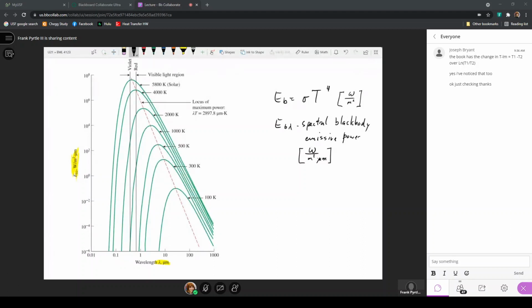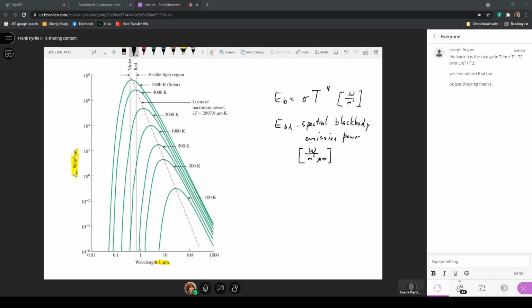The black body emissive power is actually just the integral of one of these lines for a particular temperature. Notice here that each one of these lines has a temperature associated with it, from 100 Kelvin all the way up to 5,800 Kelvin.